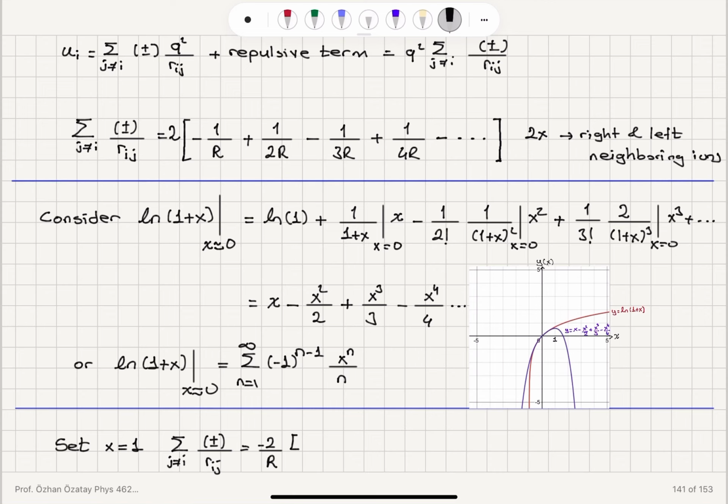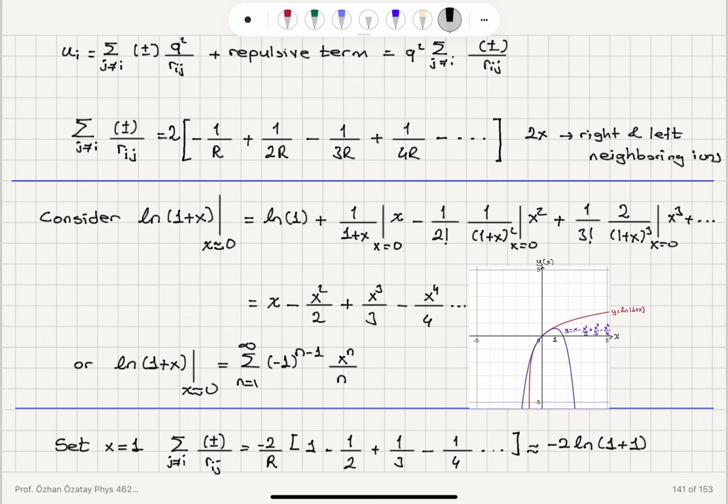Then I have the first term is 1. The second term is minus 1 over 2. The third term is plus 1 over 3. The fourth term is minus 1 over 4, etc. And I can recognize what I have here as approximately being equal to minus 2 times natural logarithm 1 plus 1.